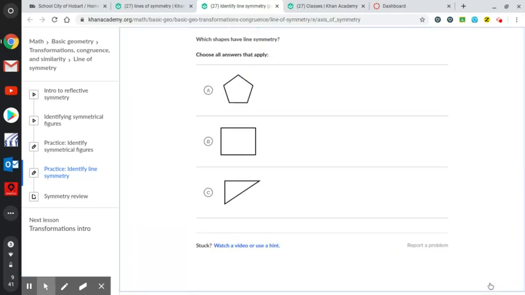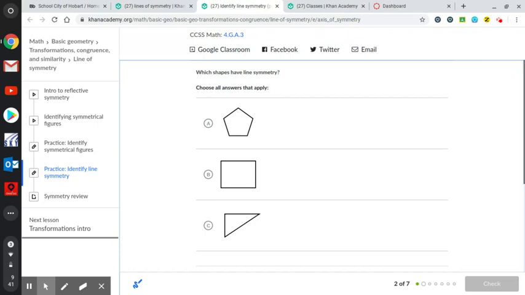So let's go to the next question. Which shapes have line symmetry? It says choose all the answers that apply. Let's look at B, right? B is really easy. B is a rectangle, right? If I put a little line of symmetry, that blue dotted line down the middle of it, my left side's going to match my right side.